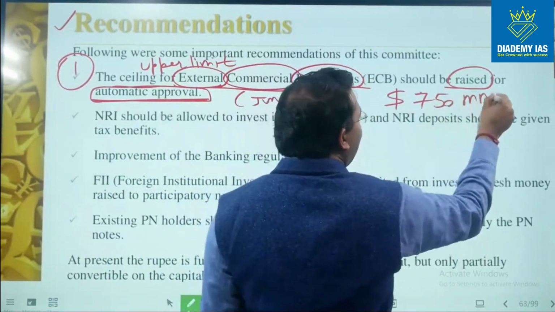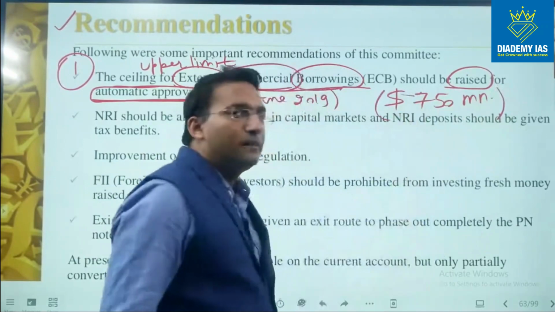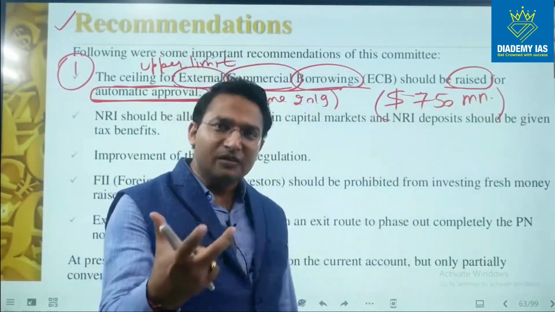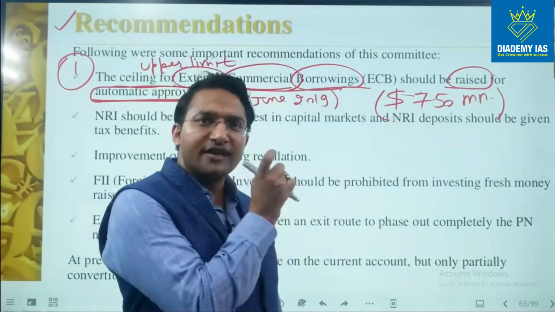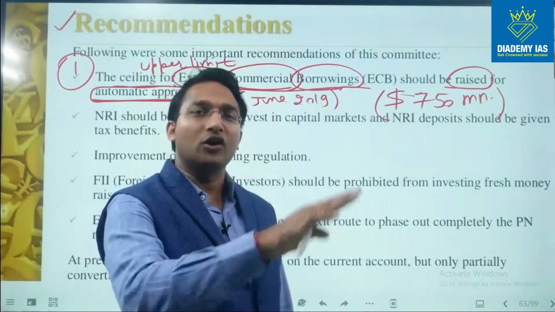So any eligible borrower can raise ECB to the extent of US dollar 750 million under the automatic route.